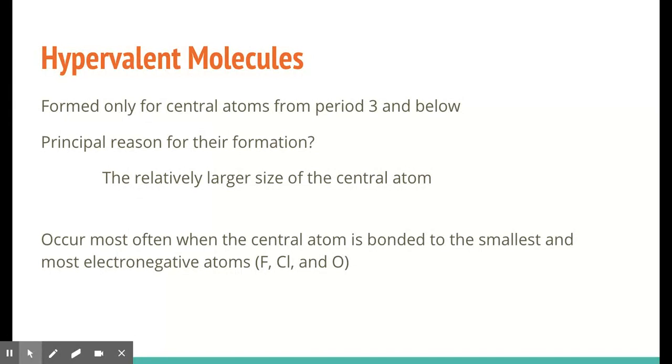They occur most often when that central atom is bonded to the smallest, most electronegative atoms, like fluorine, chlorine, and oxygen.